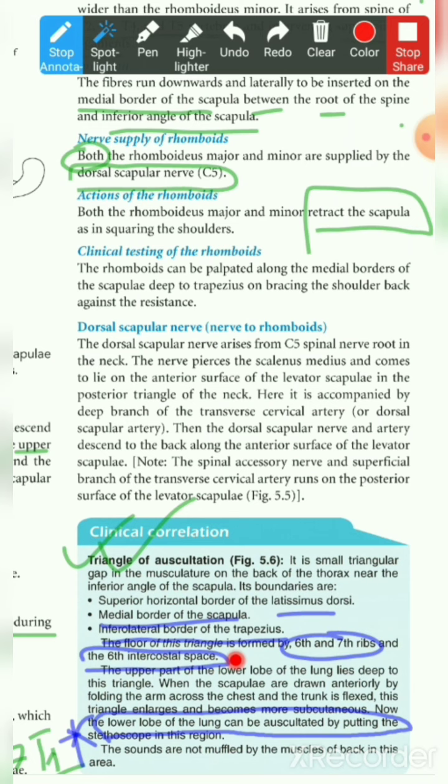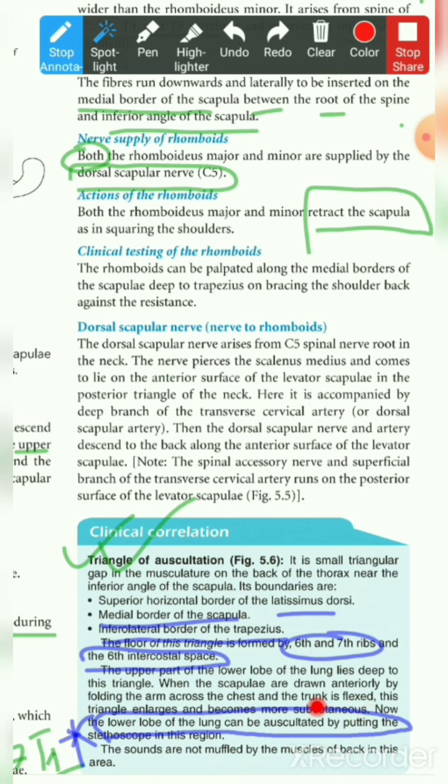So why is this triangular gap on the back of the thorax important? When the scapulae are drawn anteriorly by folding the arms across the chest, that means when forward movement of the scapula is done and the trunk is flexed, and trunk means the thorax and abdomen together, this triangle will be enlarged and more subcutaneous.